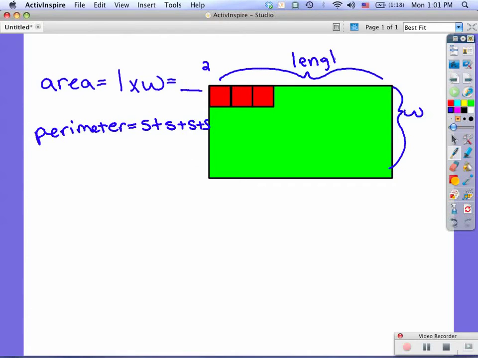The length is how long it is, the width is how wide it is. So if I say perimeter, you just add up all the sides.